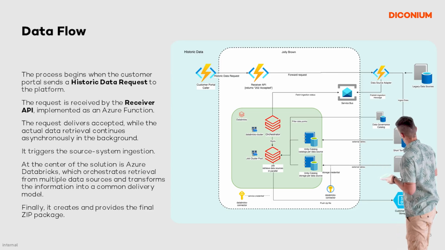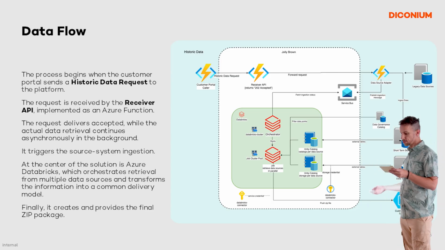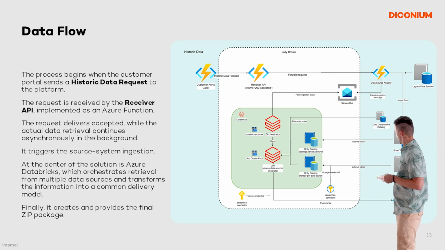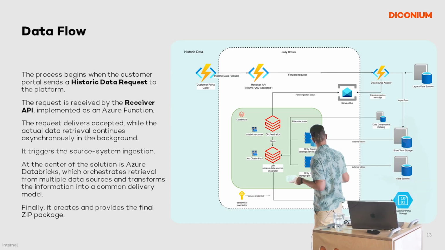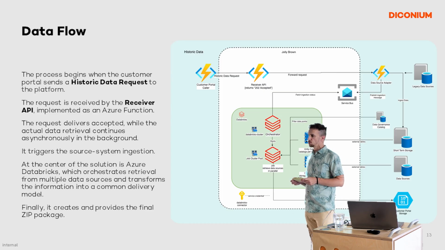And at the center of the solution here we have Databricks, which orchestrates the retrieval from multiple data sources and transforms the information into a common delivery format then. And finally, the zip is provided.